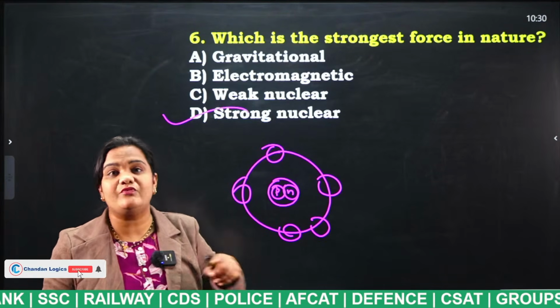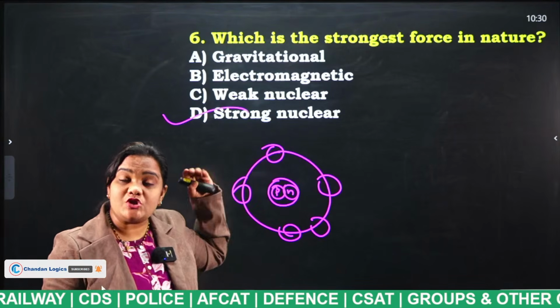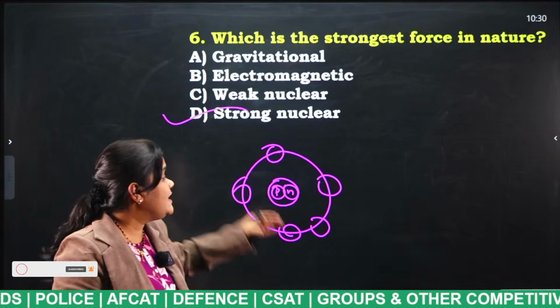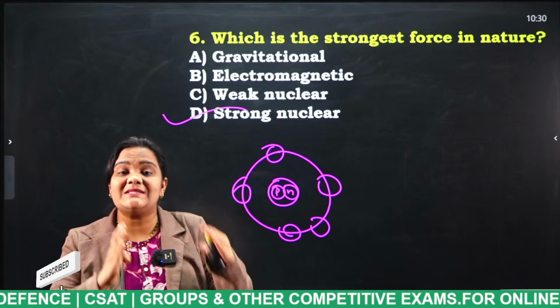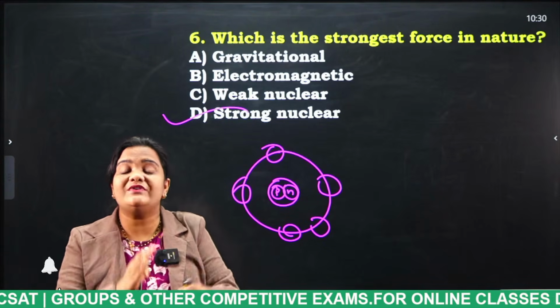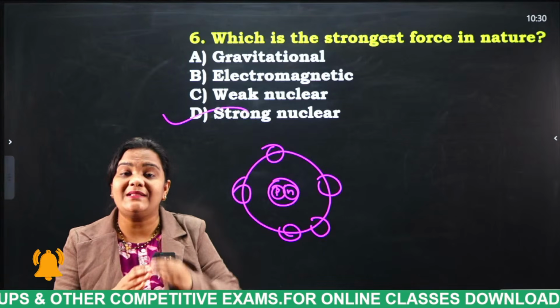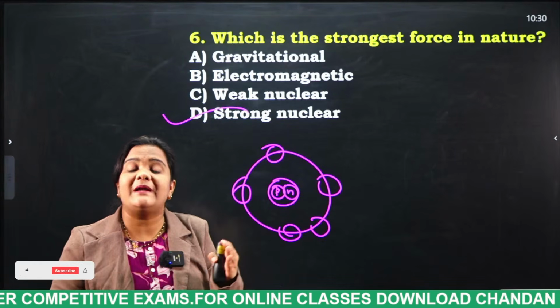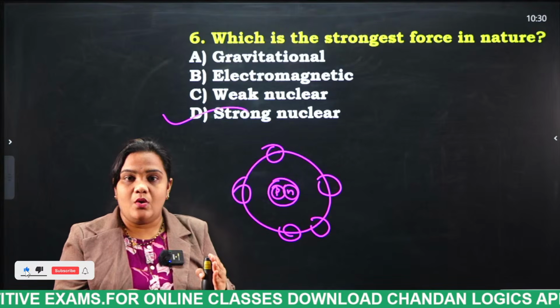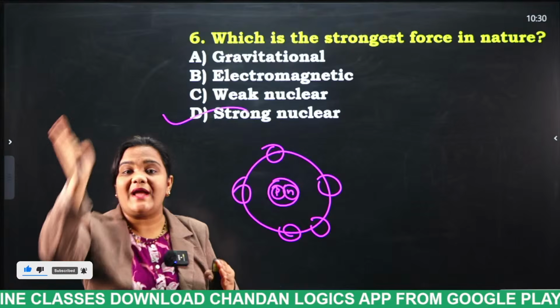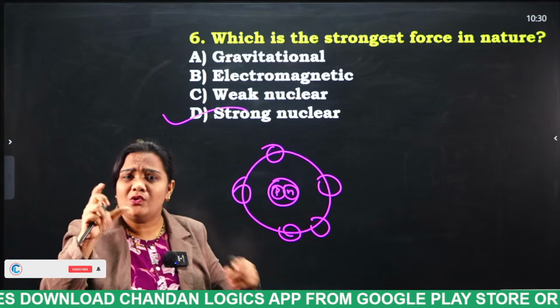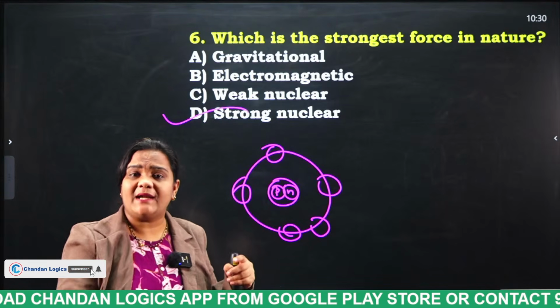The weakest force is gravitational force, and the strongest force is what, students? This strong nuclear force. What is it actually? It is the force which is binding the proton and neutron present in the nucleus. If there is no force between them, the neutrons will fly away. Why is the nucleus at the center of the atom, students?